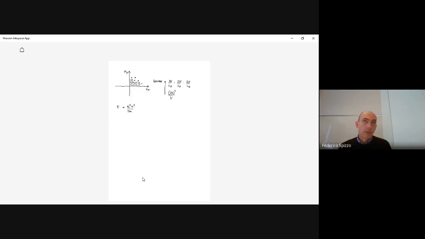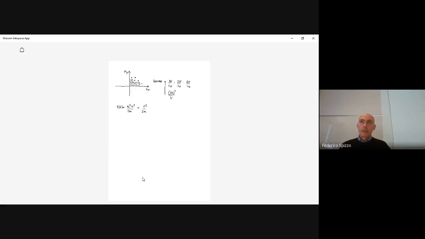And as h bar k is the electronic momentum, you may write this also as p squared divided by 2m, as you find in classical mechanics. To stress the fact that the energy depends on the wave vector, I write E of k. Please consider that the energy depends on the wave vector just on the square modulus.